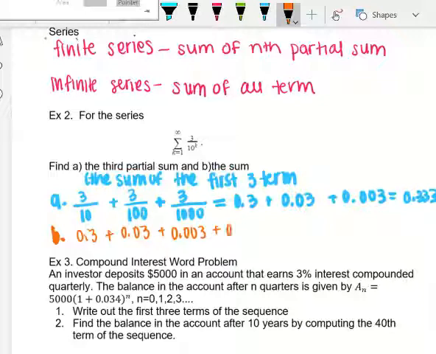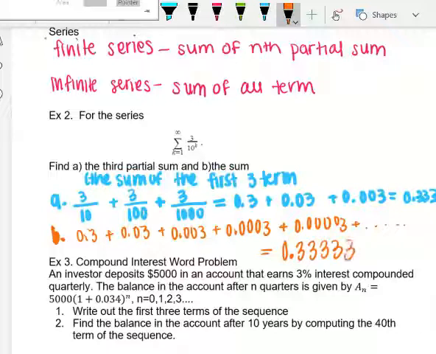So the next one, if we follow the pattern, is going to be 0.003 plus, the next one has another 0 in it. And you could keep on going. Eventually, if you add these all up, it's 0.3 going on forever, which is the same thing as saying 1/3.